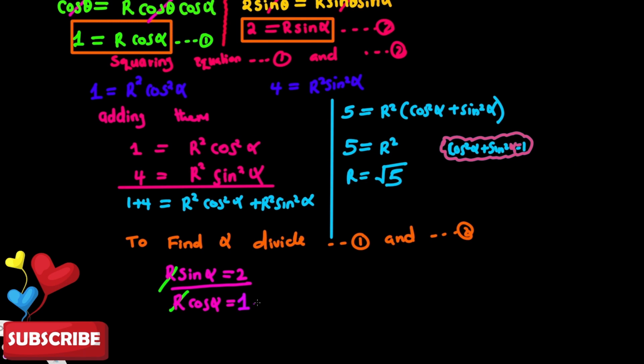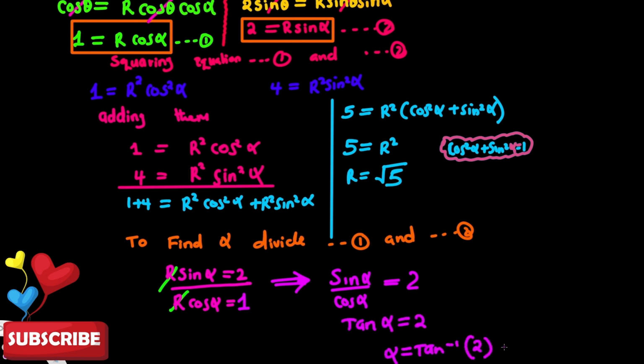Then r and r will cancel out. We end up having sine alpha over cos alpha equals 2. So tan alpha equals 2. Therefore, alpha becomes the tan inverse of 2.